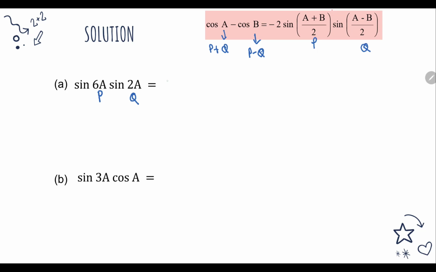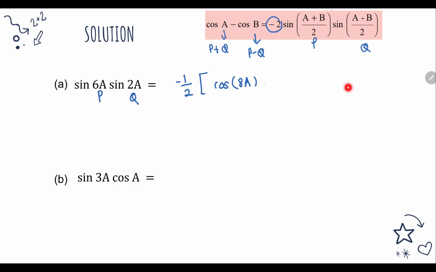The answer is going to be, we first transfer the negative 2 to the other side, so it becomes negative 1 over 2 multiply with cos A, where A has been replaced with P plus Q. So P plus Q is 8A.